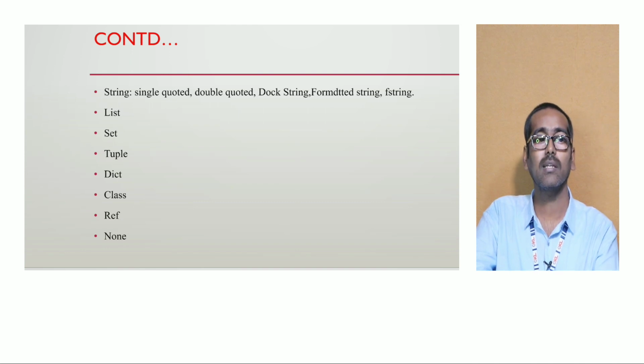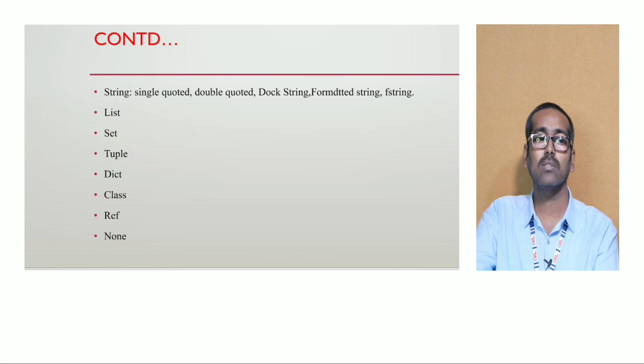When it comes to the set, if you come from a mathematical background, a set always allows uniqueness, it doesn't allow duplicates. So if you have courses, there is no course with the same name or the same course code. Then we store a collection of courses in a set.